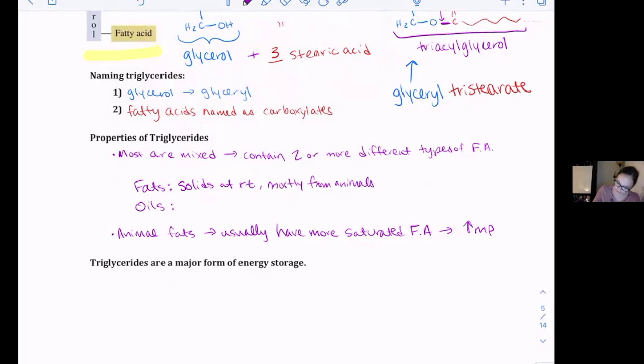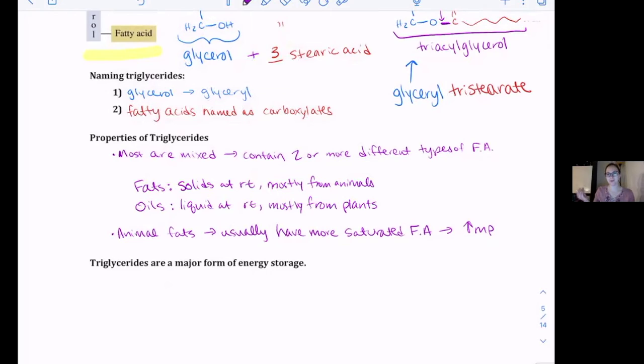And then oils are going to be liquid at room temp. These mostly come from plants. In reality, these oils and fats have the same overall structure.